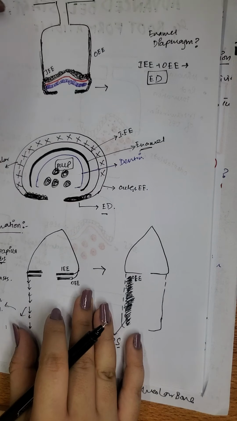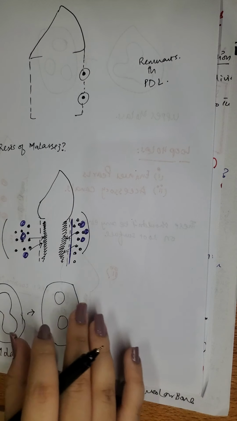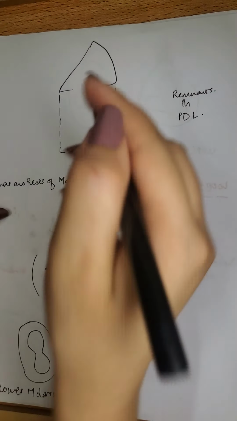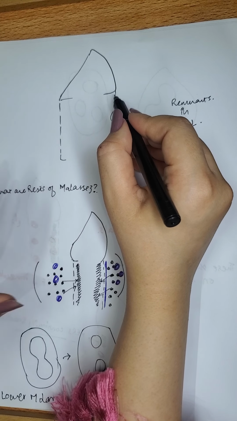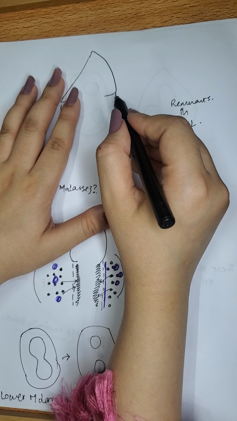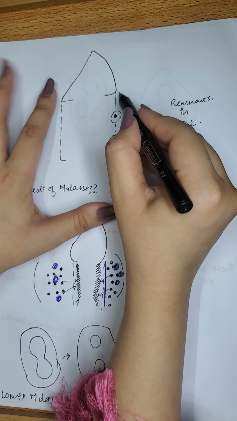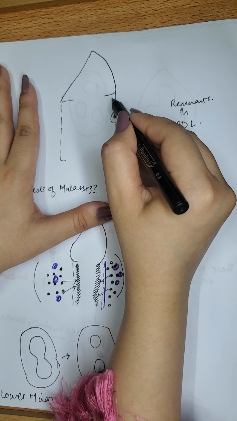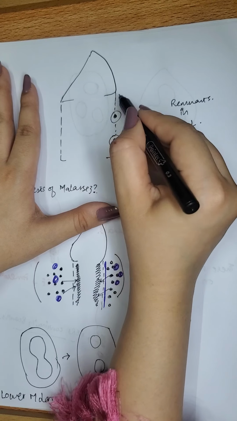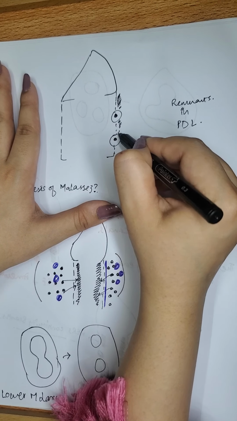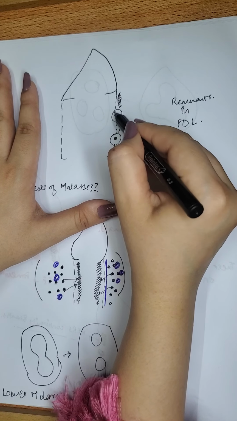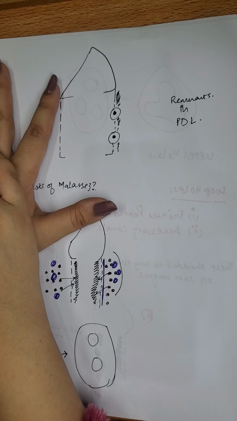Alright, so now coming into more detail, I'm going to make it easier for you guys. Suppose this was the radicular dentine outside and this was the Hertwig's epithelial root sheath.